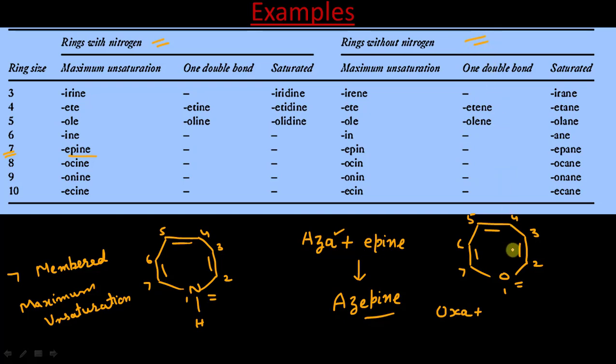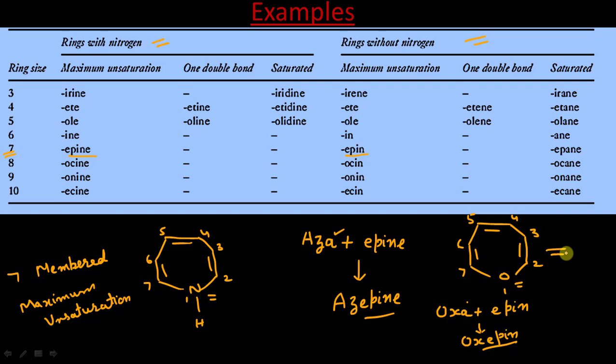So it is a 7-membered fully unsaturated system. So 7-membered unsaturated system without nitrogen, it is epin. For nitrogen it was epine, but this last e is not available here. Now as this is vowel, so we have to drop this A, so its name will become oxepin. So this is the name of this compound.